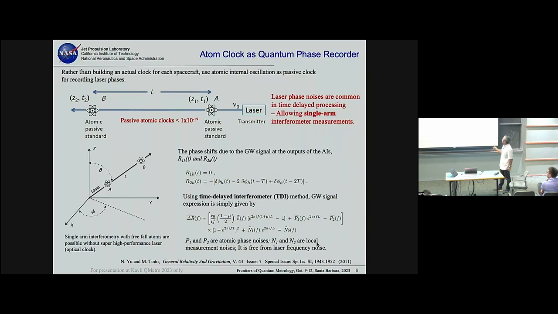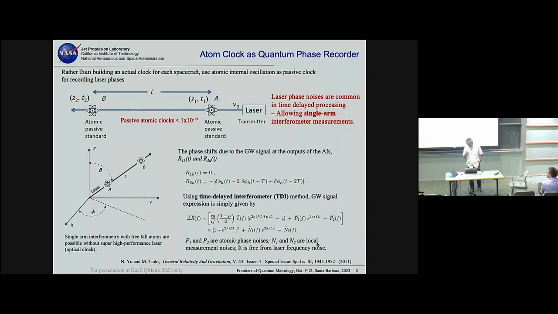Indeed, we recover the gravitational signal, the strain, along with other noise, but all the laser noise goes away. So we call it a single-legged bandit. You can use a single arm to do the gravitational wave detection.